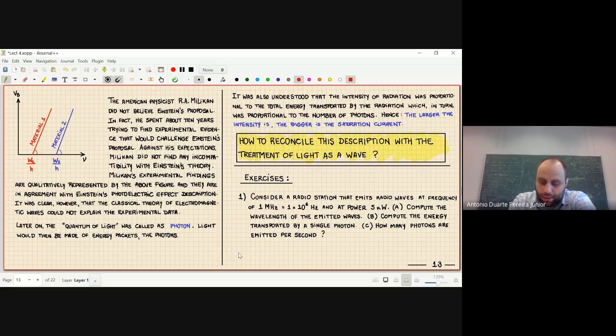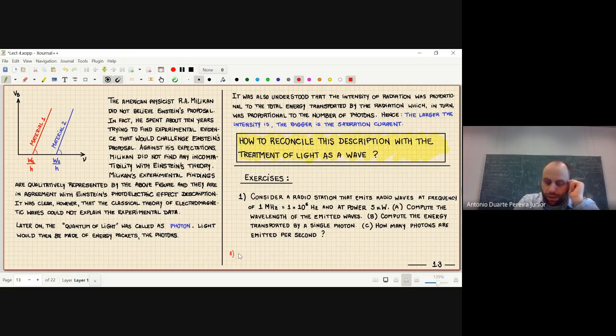So item A wanted to ask you what is the wavelength of the emitted waves. Well, we know that there is a relation between wavelength, frequency, and the speed of the wave, right?